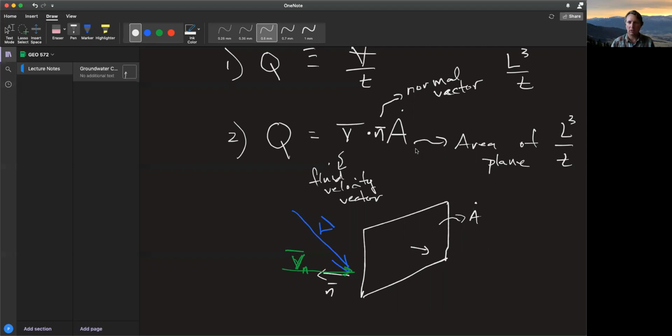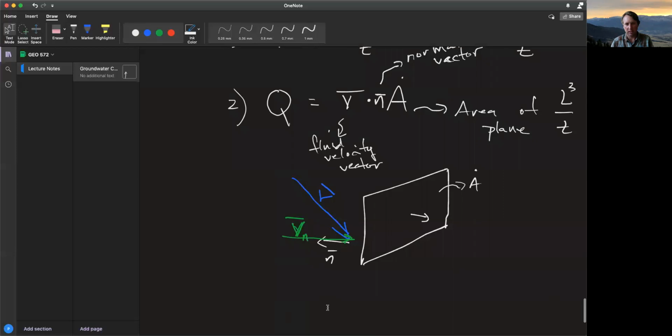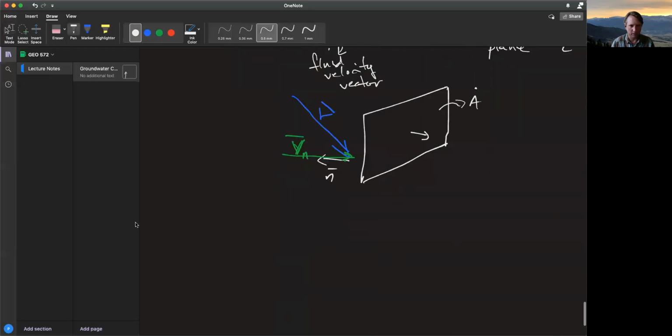The problem here is that we always have to know this area of the plane for discharge. That might be intuitive in a river channel, but in groundwater flow, it doesn't make a lot of sense to always be thinking of discharge. Instead, we're going to use another unit, and that is the flux, little q.